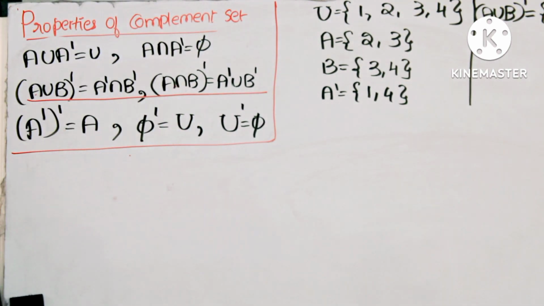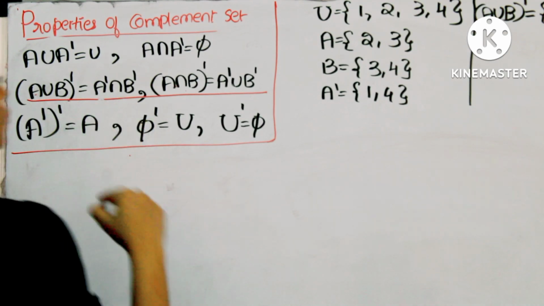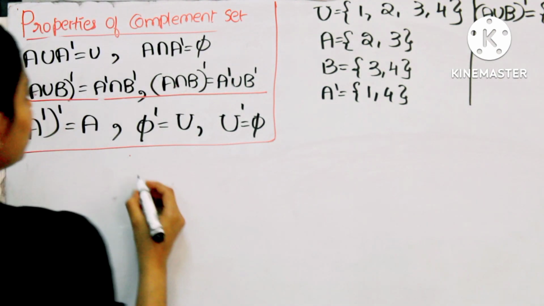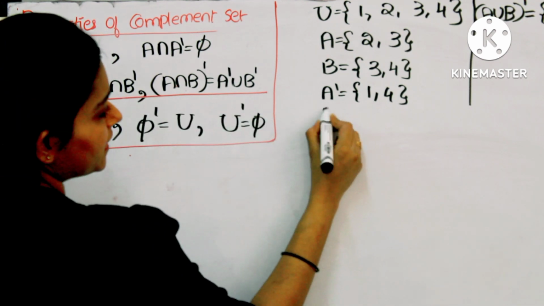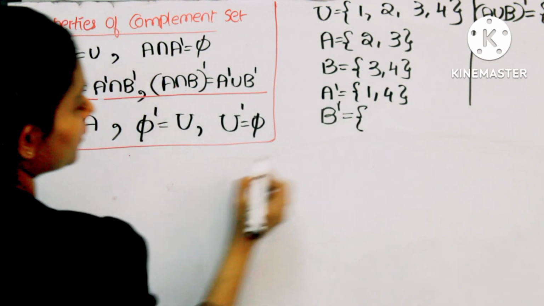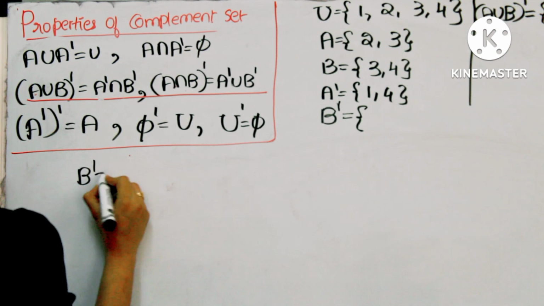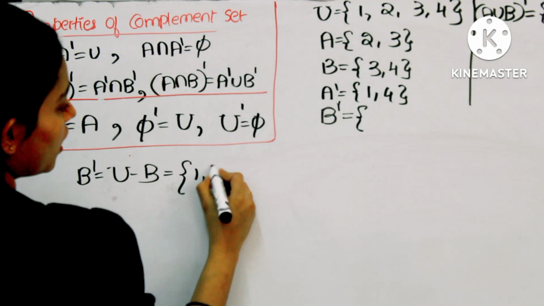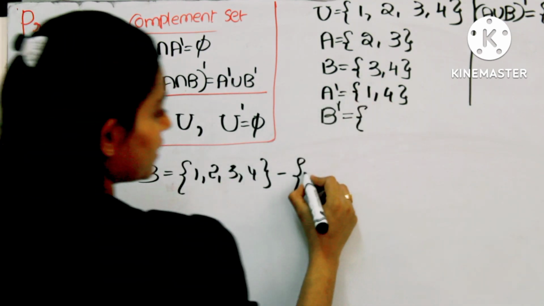Next, we need A complement intersection B complement. We already did A complement. Next, find B complement. B complement means you remove B from U, so B complement is U minus B. U is 1, 2, 3, 4, minus B, which is 3, 4.